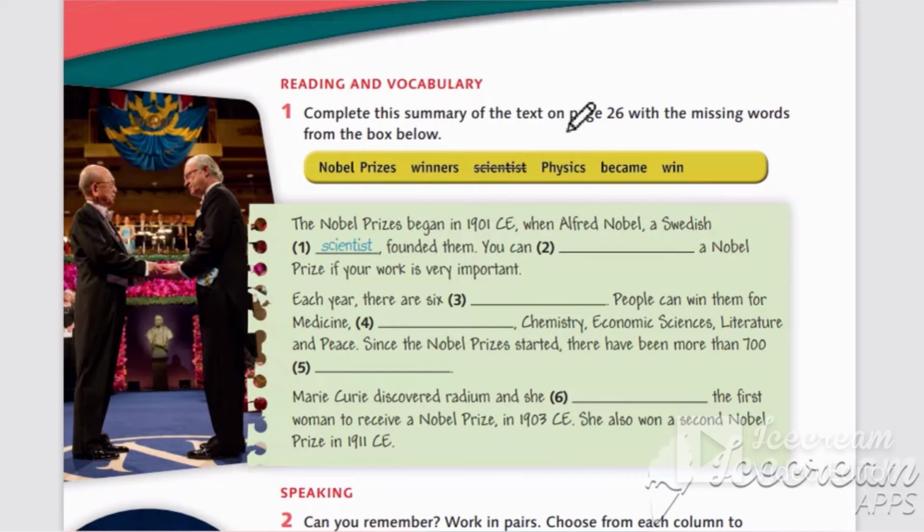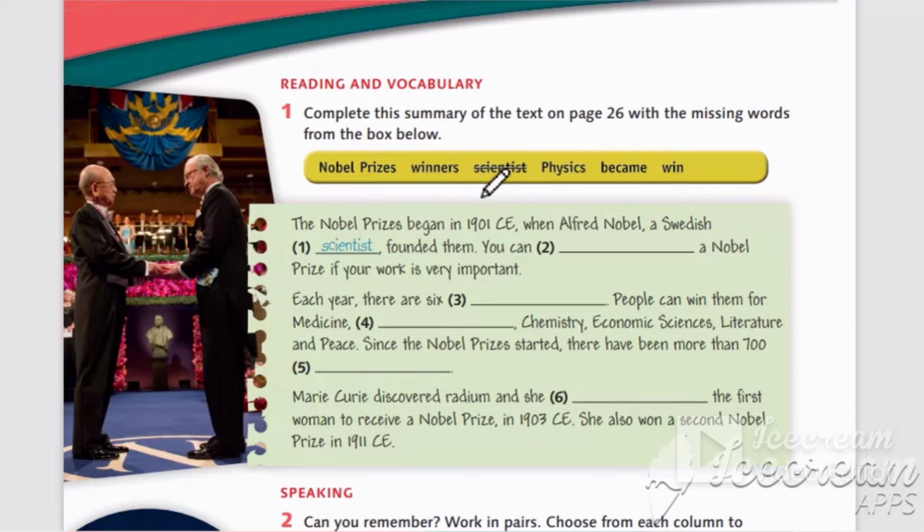Now we will read and match the words and fill in the blanks. First of all, we will read the words in the yellow box. Nobel Prizes, winners, scientists, physics, became, won.